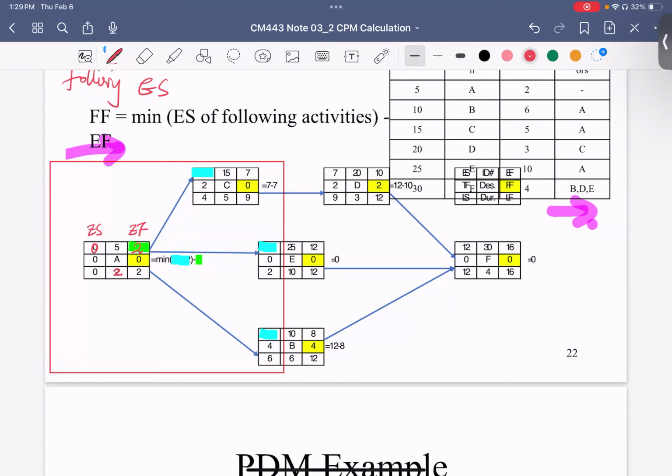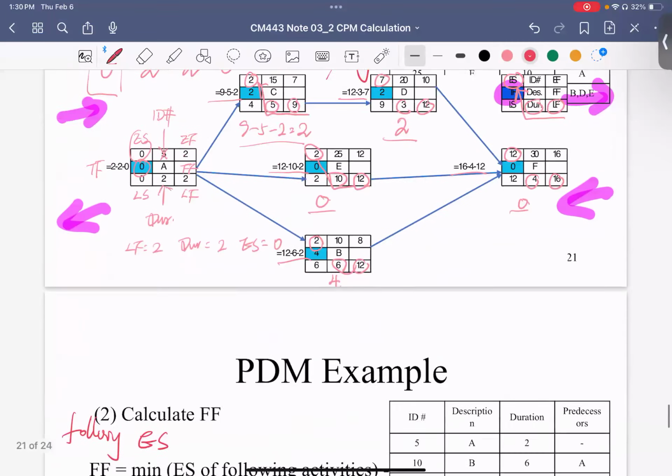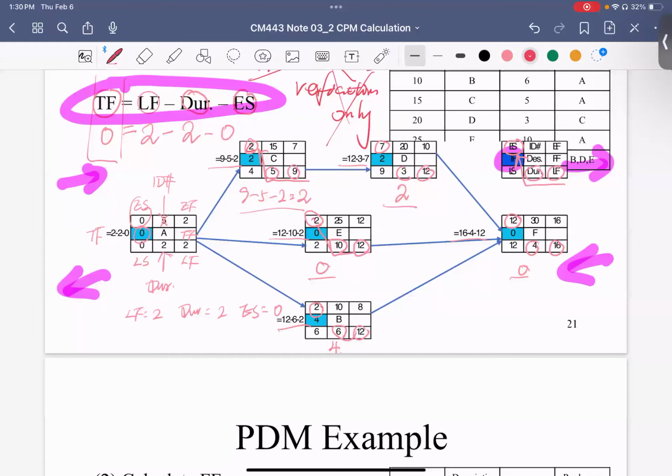The early finish time is 2 for A, and the early start time here is 2, this early start time is 2 as well, and this early start time is 2, right? So I verify it is 2, 2, 2.